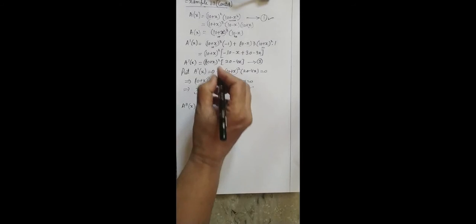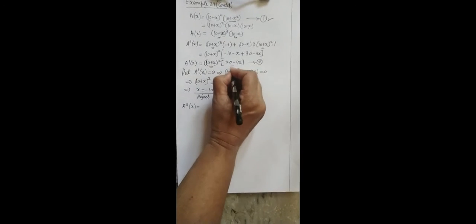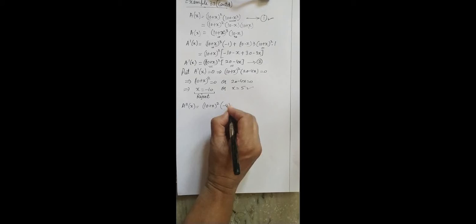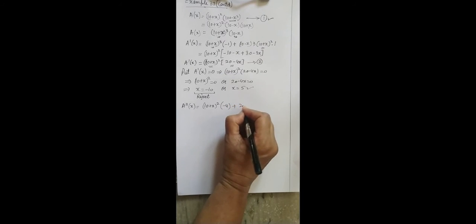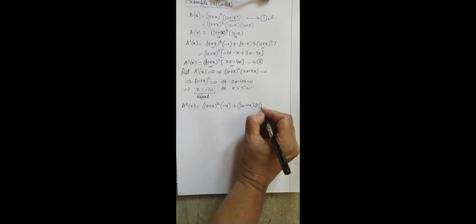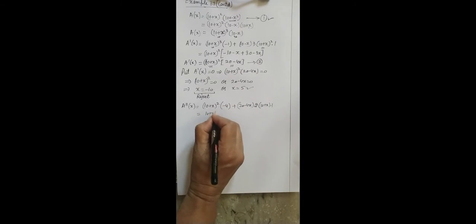Now again differentiating result number 2 with respect to x for finding the second derivative. So again I am taking the product rule of derivative. 10 plus x whole square as it is, derivative of 20 minus 4x is minus 4, plus 20 minus 4x as it is, and derivative of this result will be 2 into 10 plus x into 1. Again I can take 10 plus x as common.